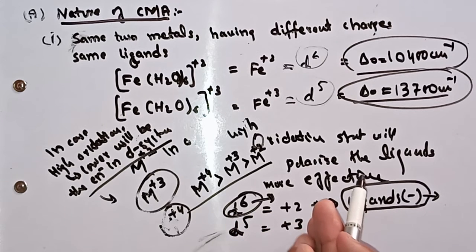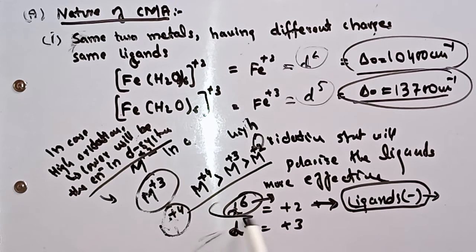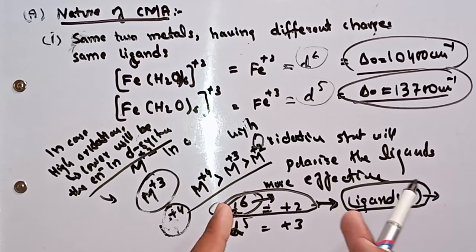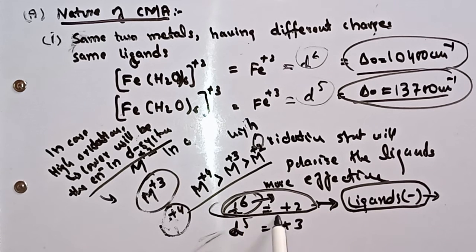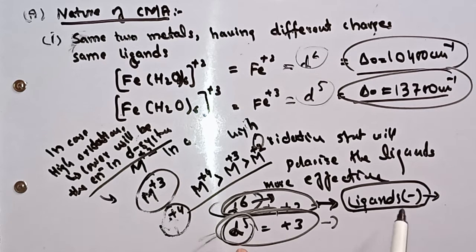So where the oxidation state is lower, the splitting will be low, while in the case of high oxidation state the splitting will be high, because there are fewer electrons. With fewer electrons there is less collision, less resistance to the ligands, so the ligand can approach easily and the splitting will be high.